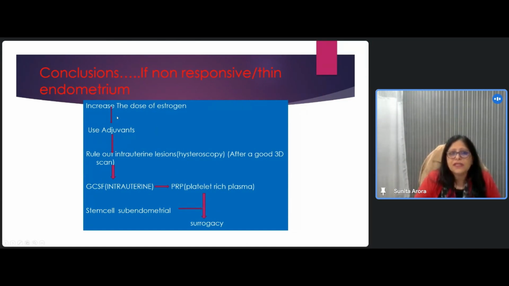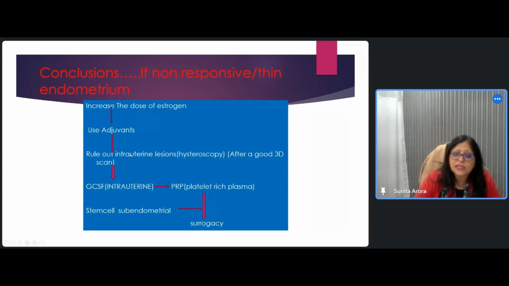What we usually practice is to increase the doses of estrogen if your patient is on HRT cycle. Then as far as adjuvants are concerned, the only adjuvants which I use are ecosprin and sildenafil. I have seen it gives good results in some resistant cases. Then obviously hysteroscopy is very dear to me, because I feel that more than half of the cases get solved after doing hysteroscopy.